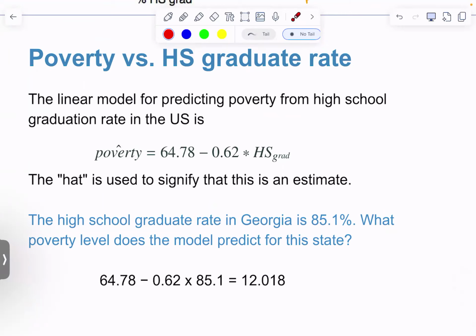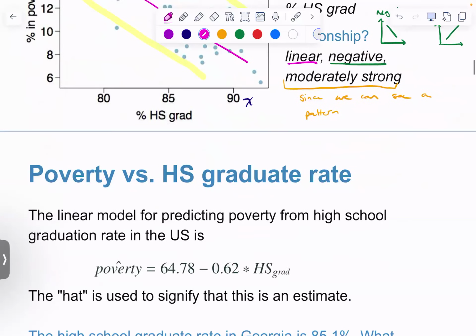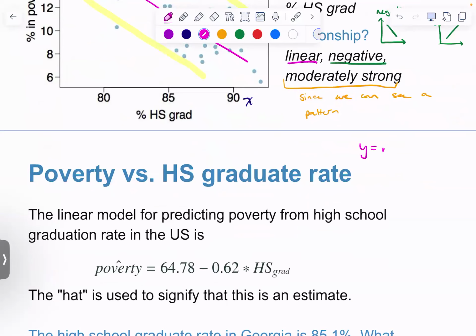And so here, this line, y equals mx plus b, just a general line, is going to turn into y hat equals b0 plus b1 times x on your formula sheet.